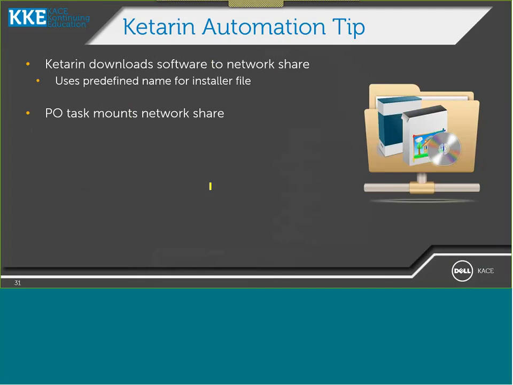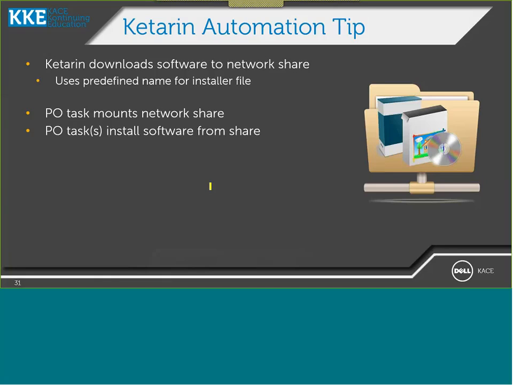Then I use a post-installation task that mounts the network share, and I install the applications from the network share using this standard name. So I don't have to modify my post-installation tasks. My task basically just goes onto the network share and launches firefox.exe with the silent parameter, and that's it.